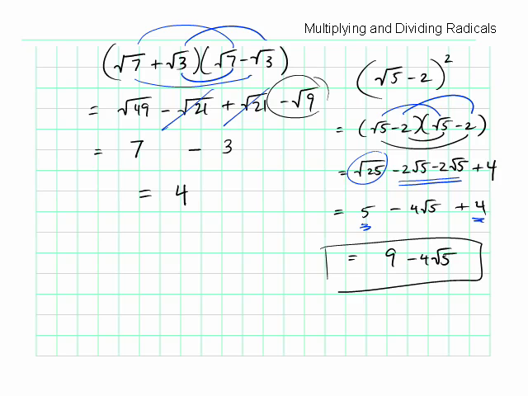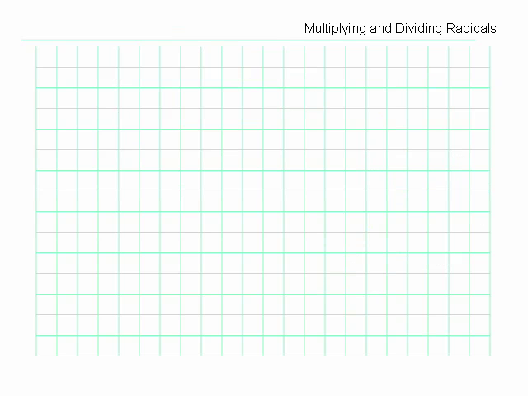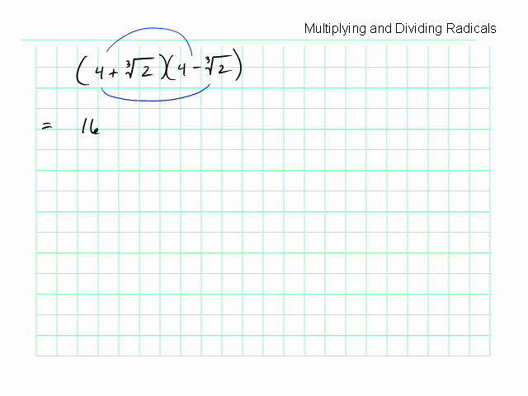Okay. Let's try one with a cube root in it. Four plus cube root 2 times 4 minus cube root 2. FOIL method. 4 times 4 is 16. 4 times a negative cube root 2 is a negative 4 cube root 2.